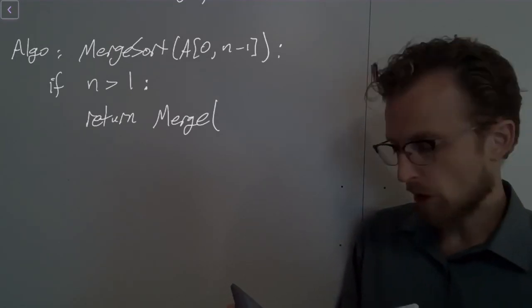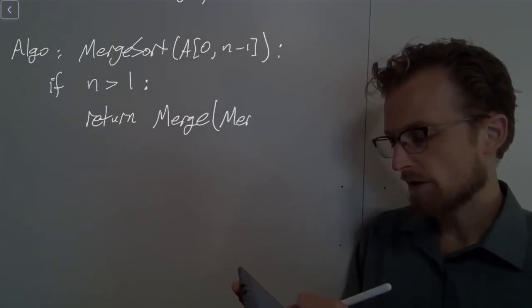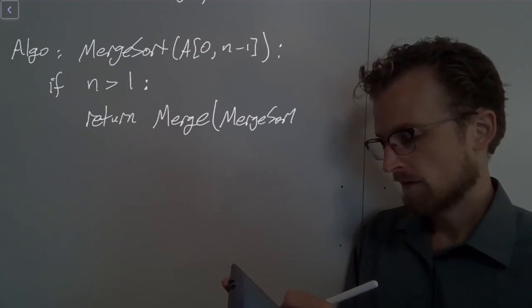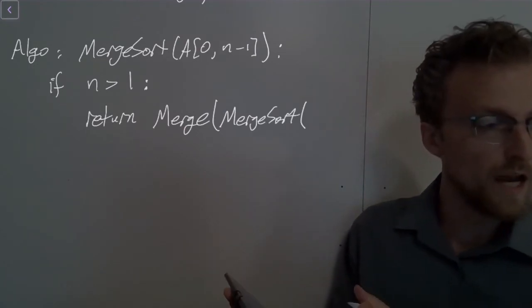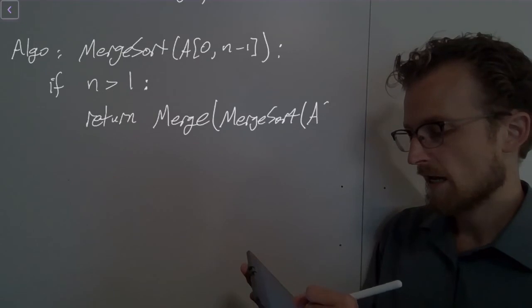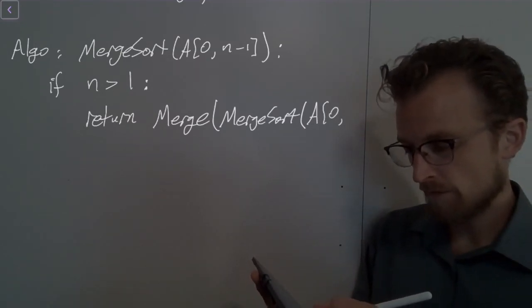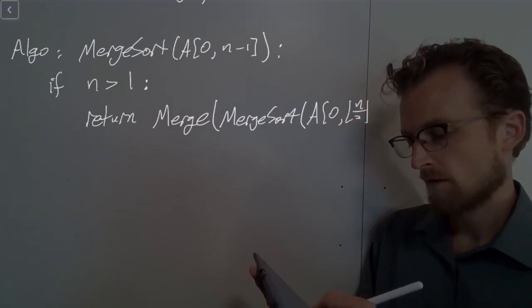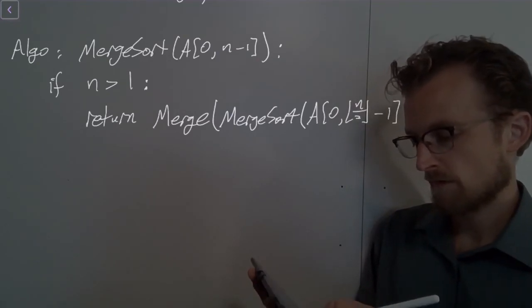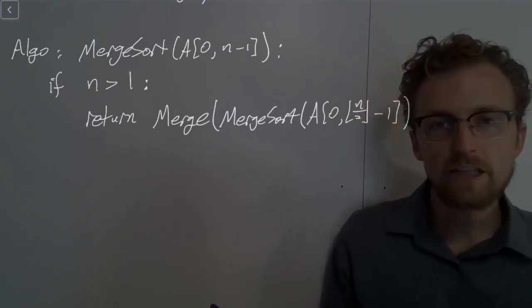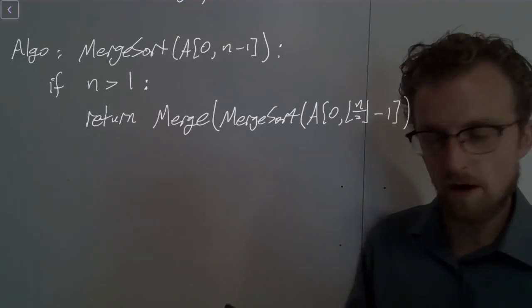We'll return merge of merge sort of the first half of the array, right? So this is A starting at 0, going up to floor of n over 2 minus 1. So we're going to execute merge sort on the first half of the array.